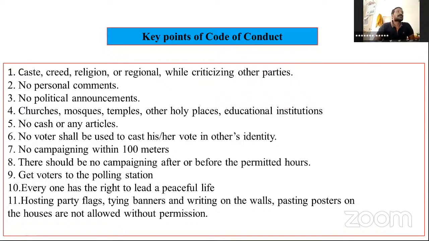But here it is mentioned, no campaigning within 100 meters. On the polling day, you never campaign at the polling stations within 100 meters. If you do, you will be treated as having violated the code of conduct.